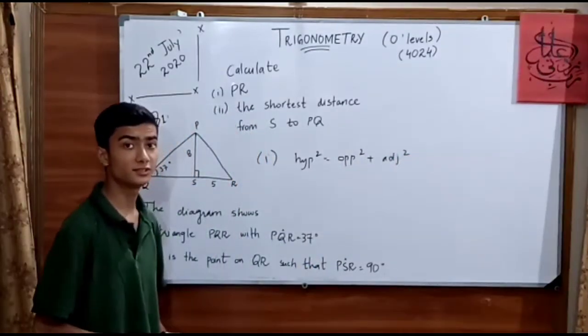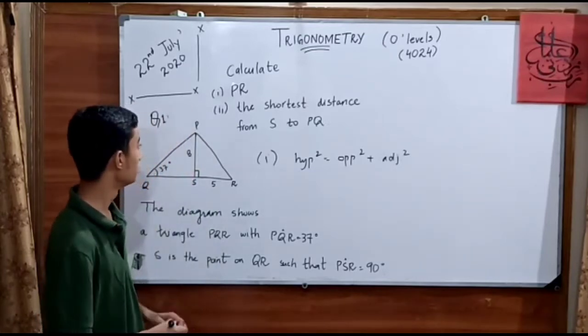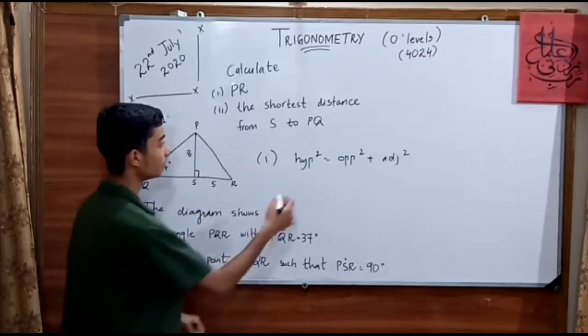Although it is not always necessary to write the formula, you can write it for your better understanding. So in place of the hypotenuse, we are going to put PR.